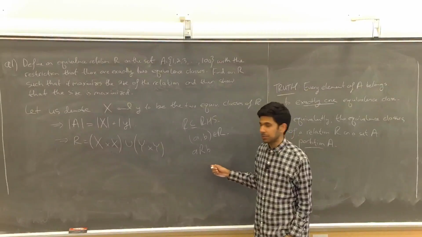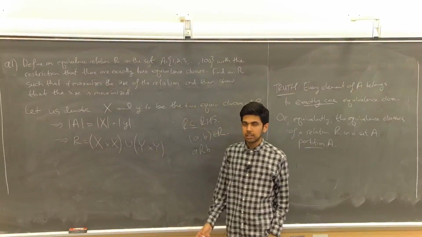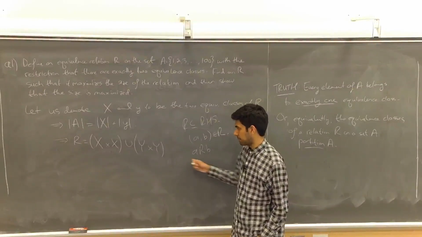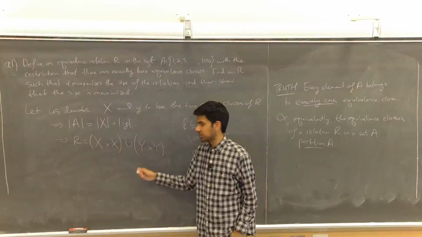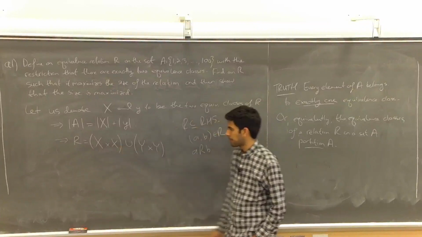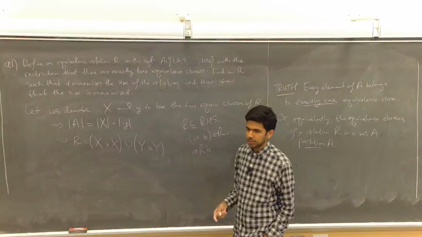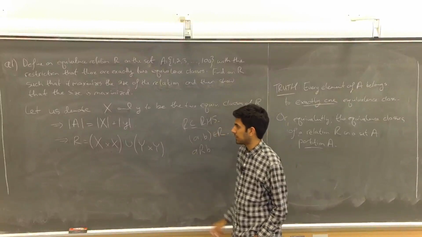So if they're both in the same equivalence class, they must either both be in X or both be in Y. Regardless, the pair A comma B will appear in the cross product. So honestly, that's it for proving the one direction. The other direction is pretty similar, but I'll leave that to you.